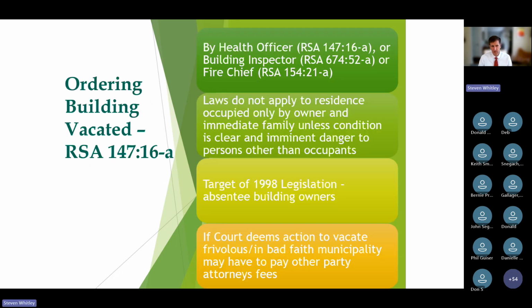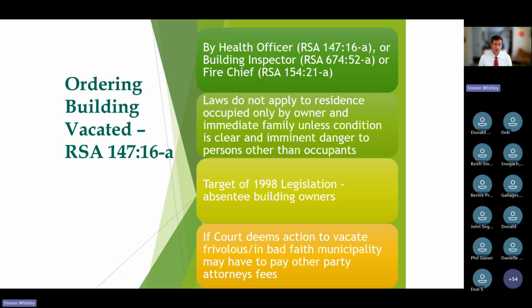Okay, I want to get back to ordering a building vacated. Again, it can be ordered by more than one official: the health officer, the building inspector, the fire chief. The standard to have a building vacated is different depending on who occupies the building. If it's occupied by the owner and immediate family, the standard is much, much higher.